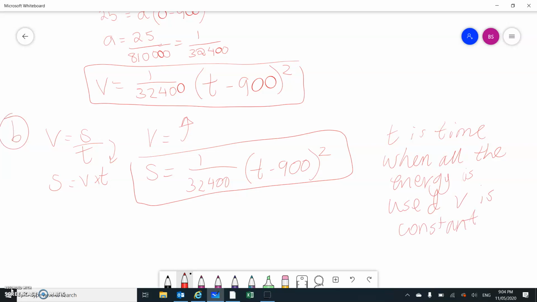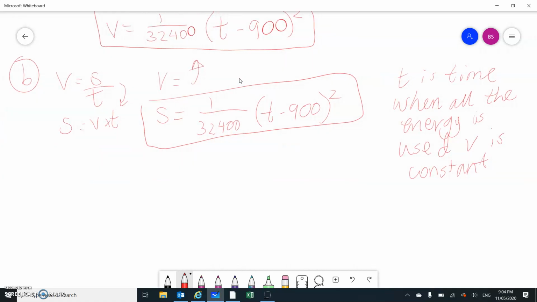So that's why this equation is the same as the one above, because this stays constant. A bit tricky, but it's really in the wording of the question. It's basically saying that this equation is the same as the one above, because when all the energy is used, the velocity is constant. It doesn't change.